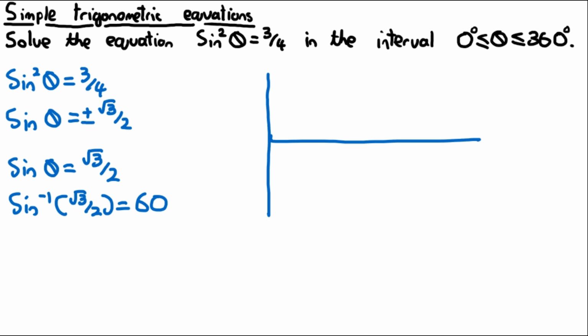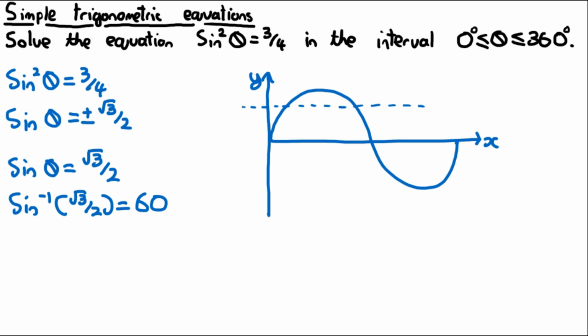Like this, where this is x and this is y. I'm going to say that root 3 over 2 is somewhere here. And there are 2 points, one here and one here. We know this point, this is 60. And this point here, we can figure this out because the distance between this point and this point is going to be the same as the distance between this point and this point. This distance is obviously 60 as this is 0.